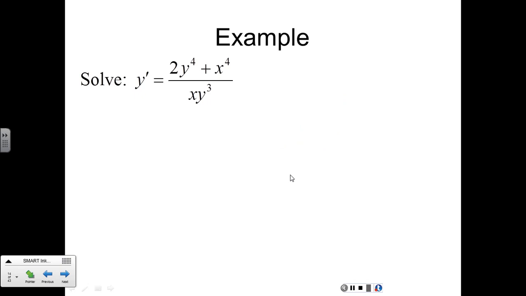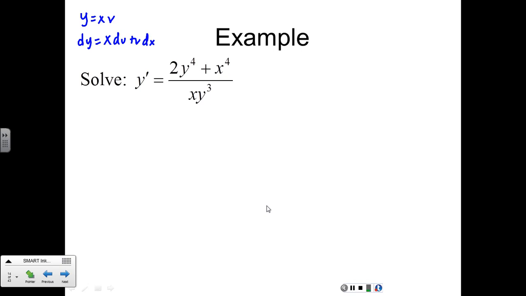Instead of y prime, what are you going to use? dy over dx. And you can cross multiply also. But first of all, y is equal to xv. dy is x dv plus v dx.